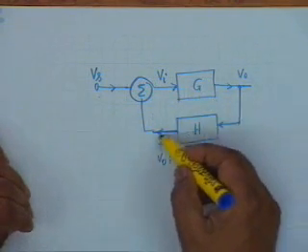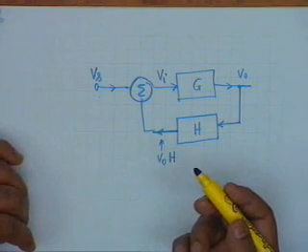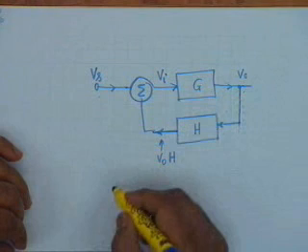This loop is called a feedback loop, and it is very easy to calculate what the gain is under the condition of feedback.